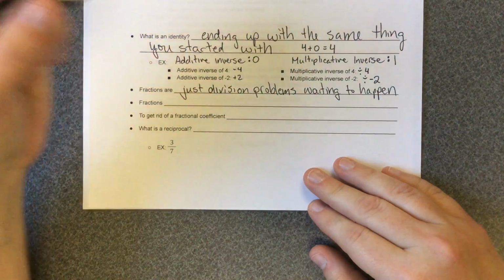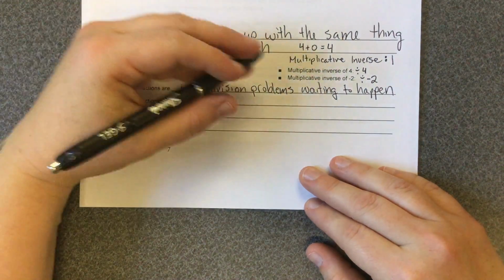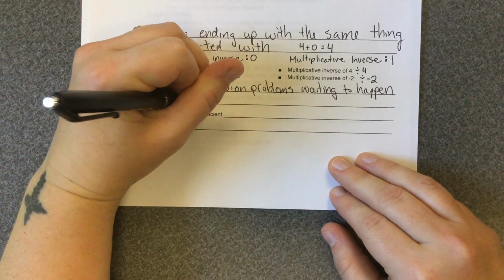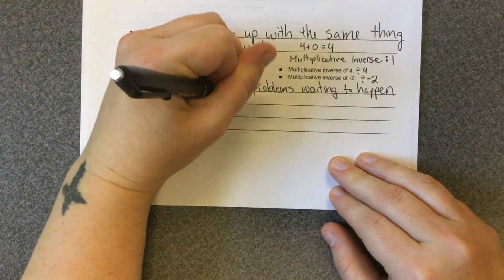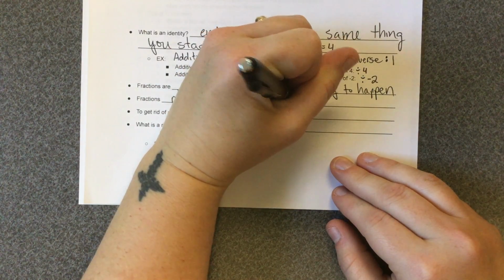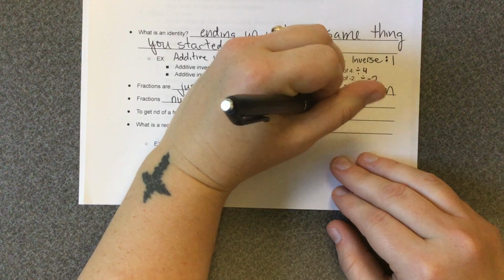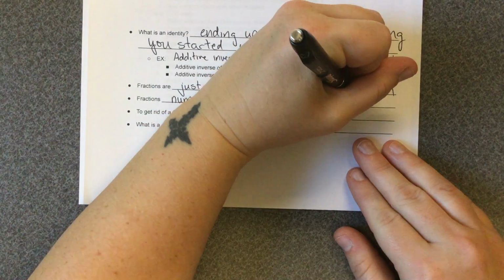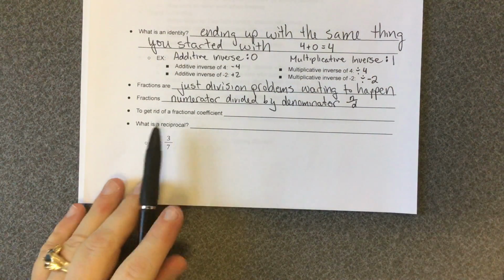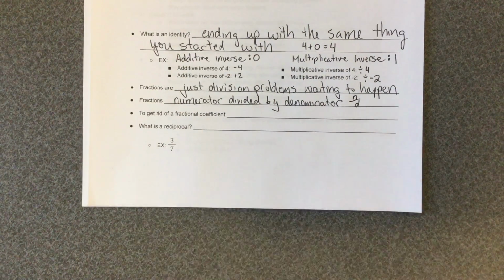Fractions are just numerator divided by the denominator. And to remind you, numerator is on top, denominator is on bottom. That's all a fraction is, numerator divided by denominator, except you're not actually doing the division. You're just sitting it there and saying, one of these days we'll divide that.